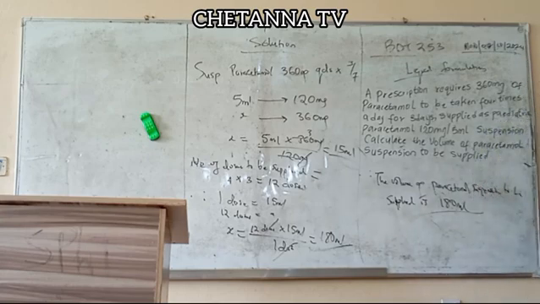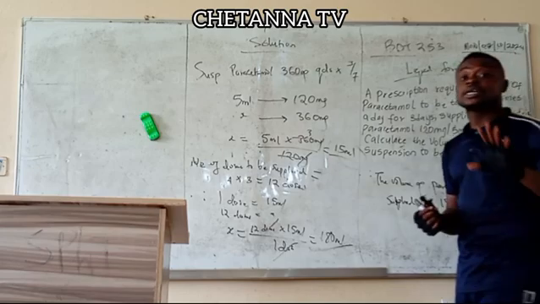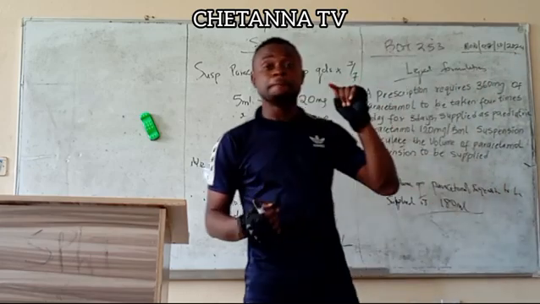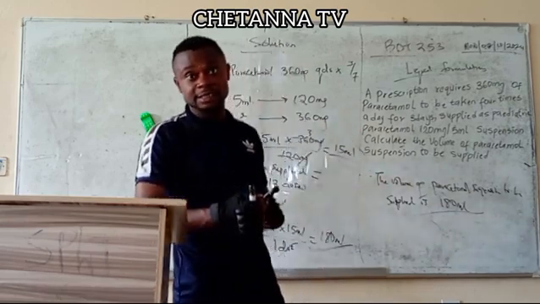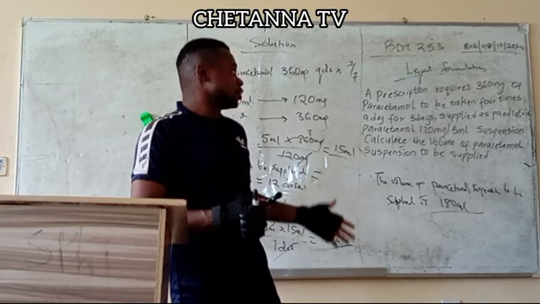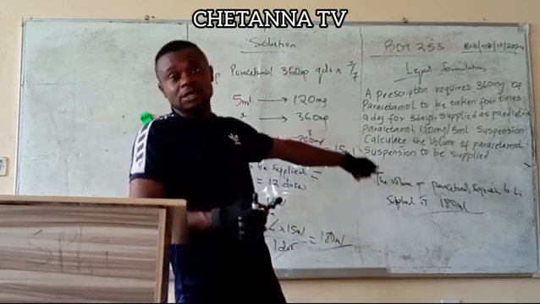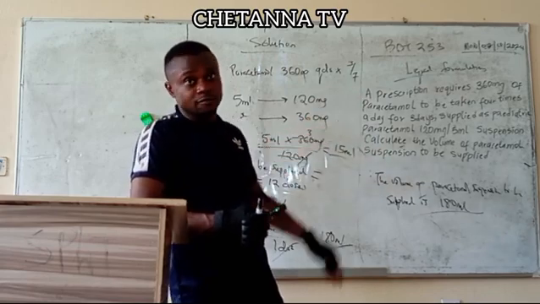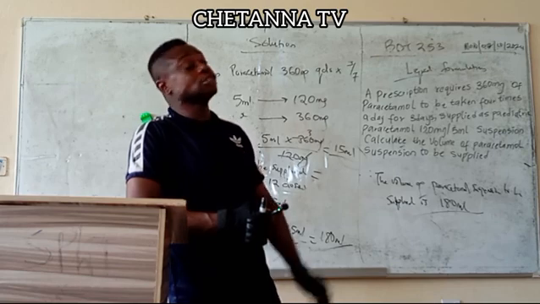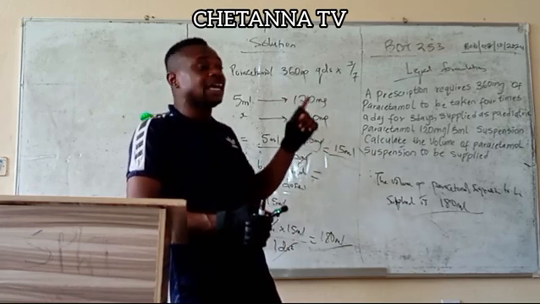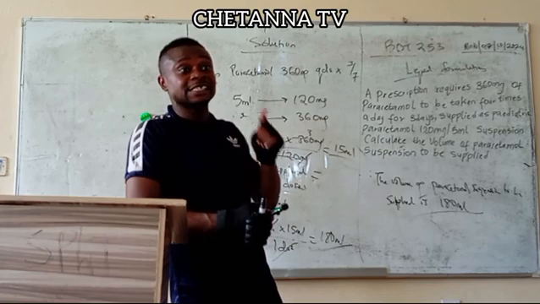Whether it's dissolved or dispersed, all you need to know is the amount, which is the dose to be given, and at the same time the strength of the medicine you have. Am I communicating? If you are able to identify these two things, there's no question on this you cannot solve. Once you're able to identify which of them is the dose and which of them is the strength.